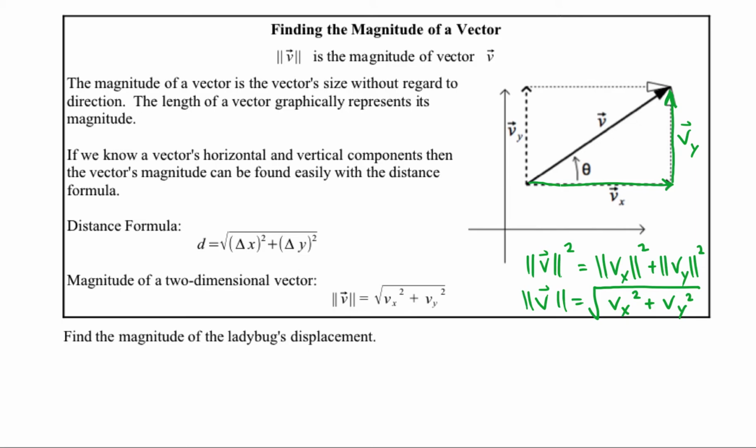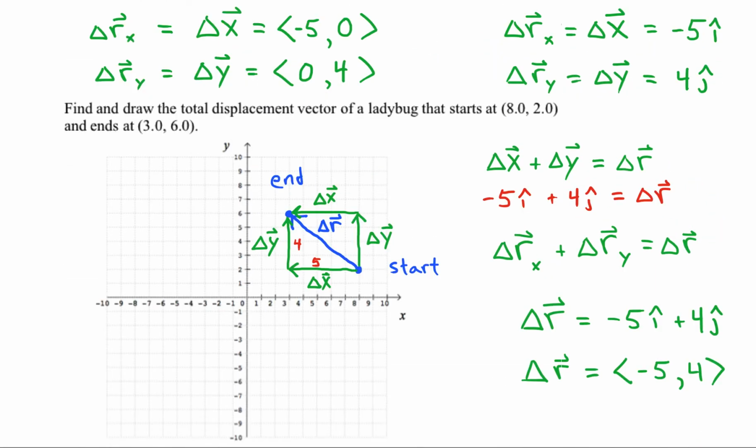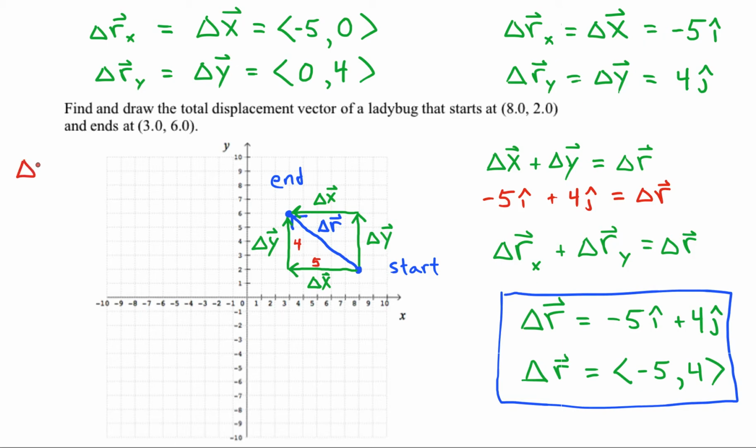So I'm going to use that formula now to find the magnitude. I want to find the magnitude of the ladybug's displacement vector, which I had determined in my previous video was negative 5i plus 4j. So let's go ahead and find the magnitude of the displacement.